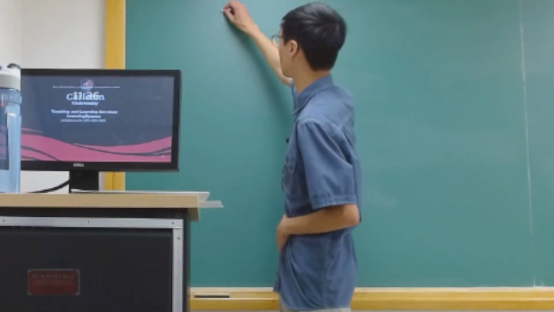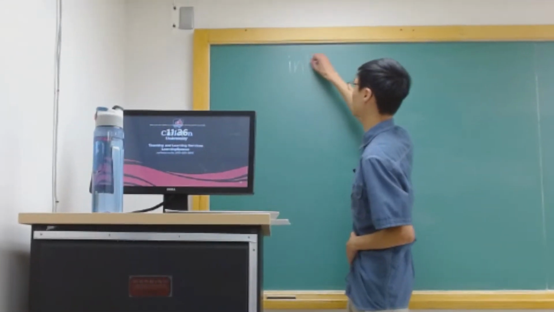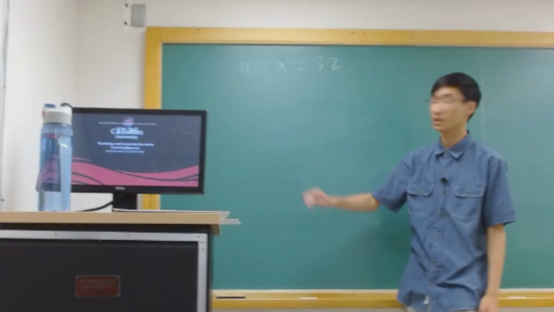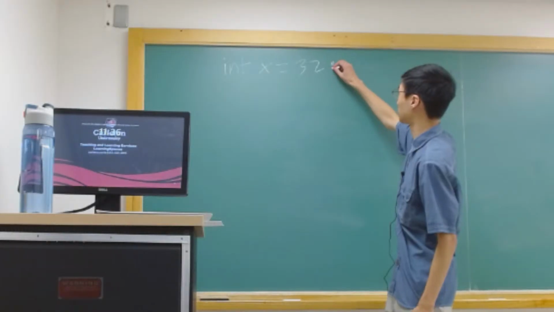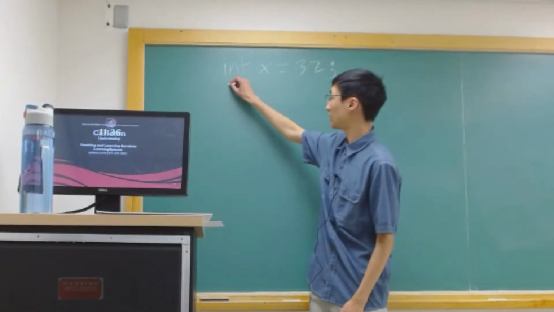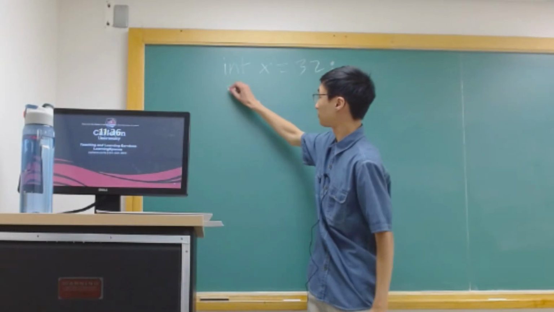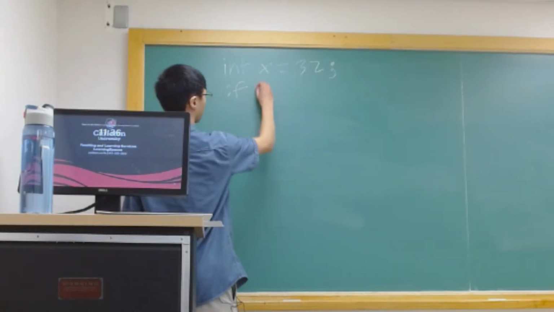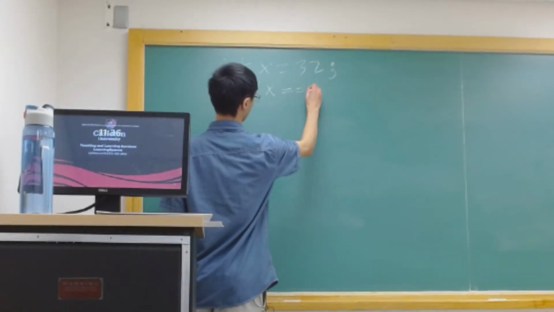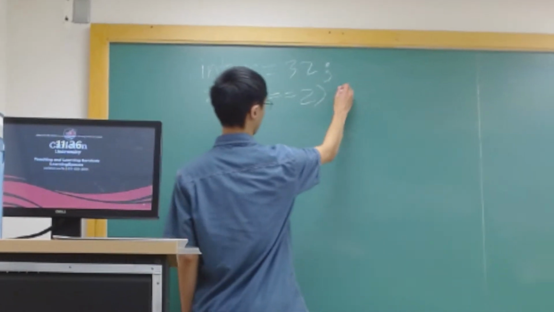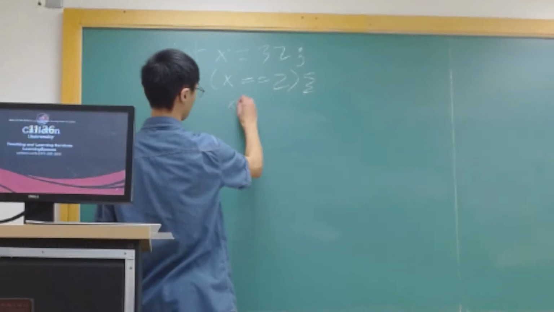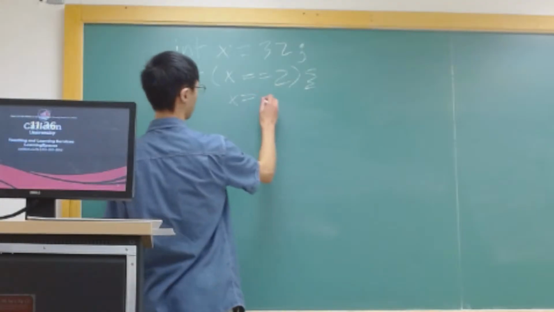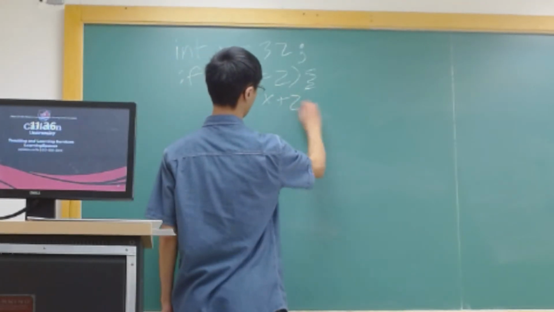Let's say you have some text that says we have an integer x, and it's equal to 32, okay? And I'm going to put a semicolon because I write in C. And then I'm going to say if x is equal to 2, we can say x equals x plus 2.